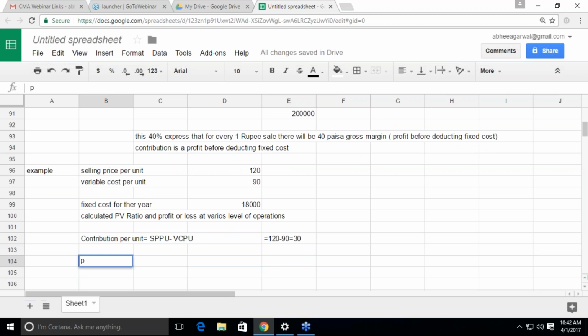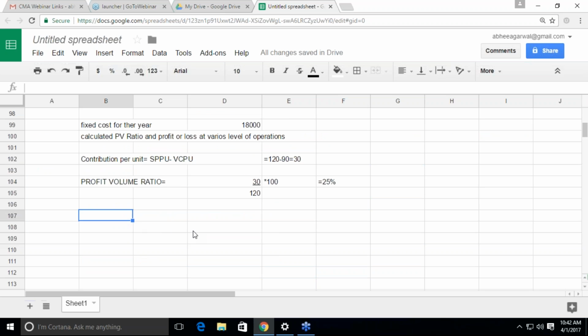Now if I want to calculate the profit volume ratio, it is 30 divided by 120 multiplied by 100. So that will be 25%. Profit volume ratio is 25%.